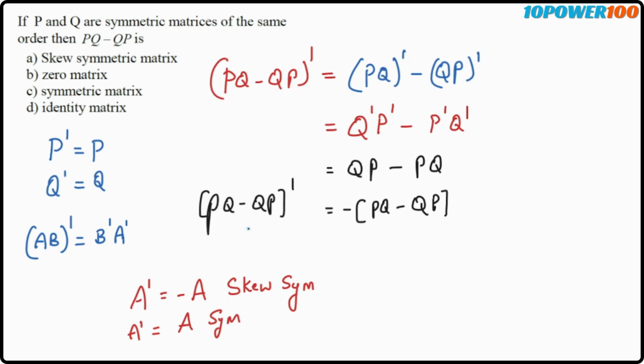Here the actual matrix was PQ minus QP, and after taking the transpose we got the negative of that. Here A dash is equal to minus A. That means it belongs to the first category, that is skew symmetric matrix. So here we can conclude that option A is the correct answer, students.